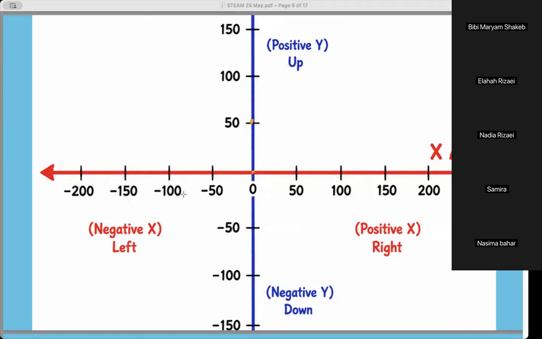See, all these numbers got a negative sign. So if I say my sprite position is 0, minus 50, my sprite is over here. If I say X is minus 50, Y is minus 50, the sprite will be over here.